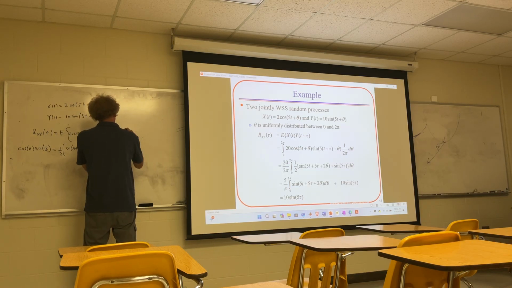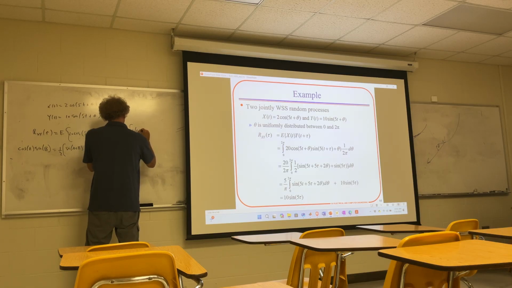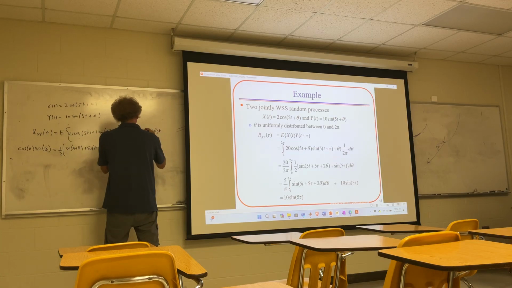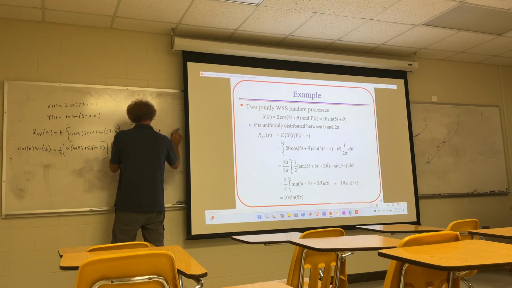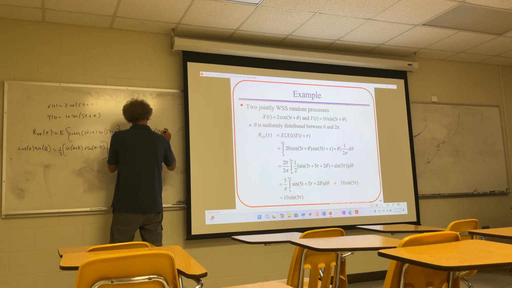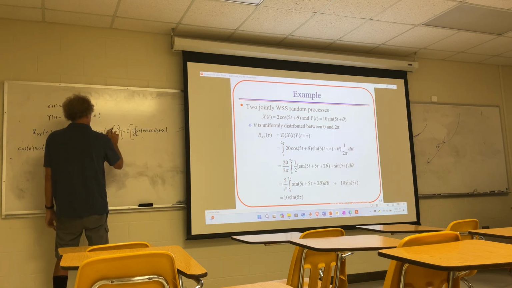So this should become the expected value of 1/2, and it should be cosine of 10t plus 2 theta, and then plus, and then it should be simply, not cosine, sine, pardon me, sine, plus, and then it should be the sine of, and what I have to do, I didn't do this right here.